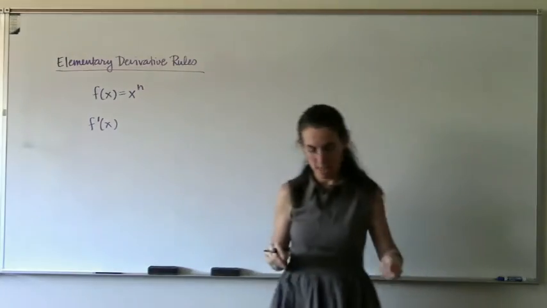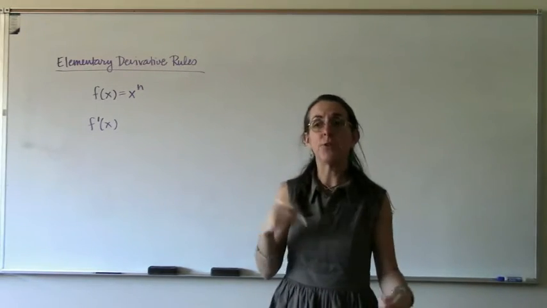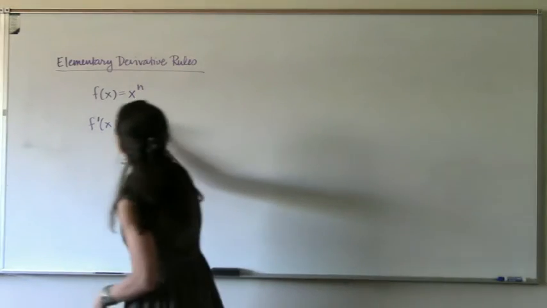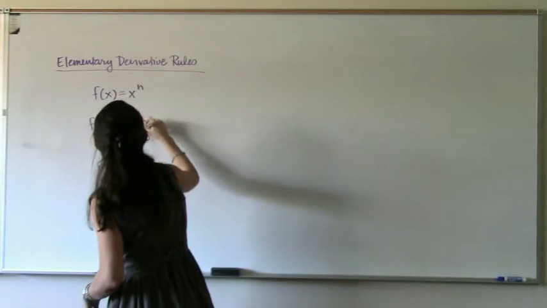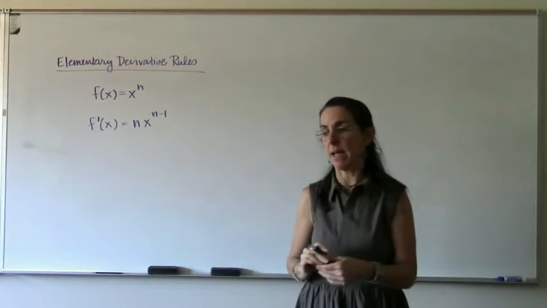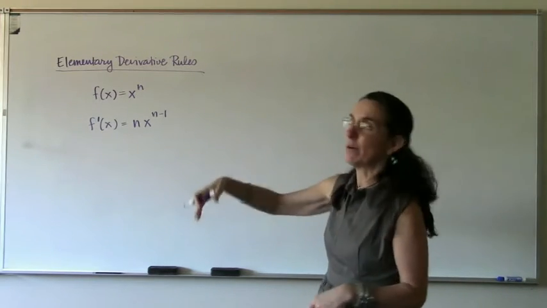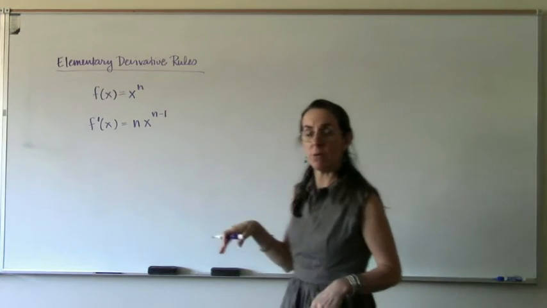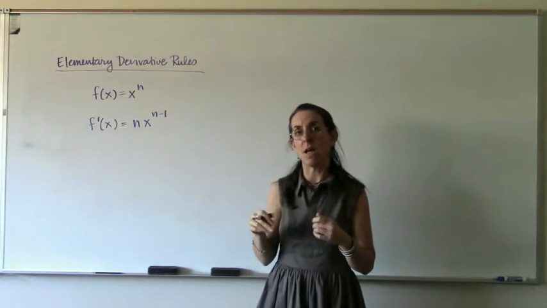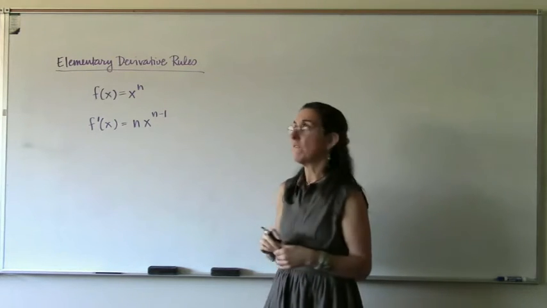The pattern is if the function can be written as x to the n, the derivative can be found by pulling the power down to the front, and then the power on the derivative is going to be 1 less than the exponent on the original function.